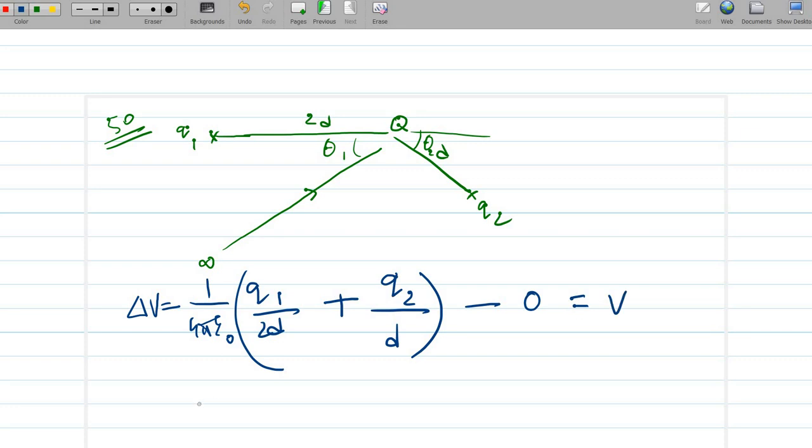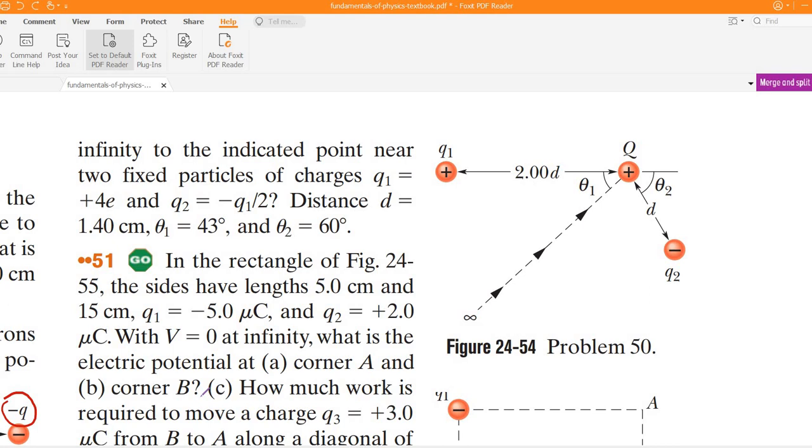What is also given is that there is a relationship between Q1 and Q2. So Q2 is negative Q1 divided by 2.